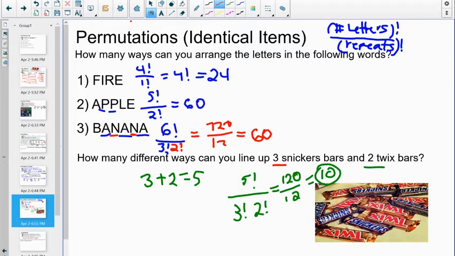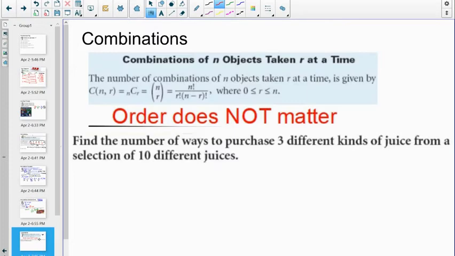Okay, so now with combinations. Remember, with combinations, order does not matter. What I mean by that is, let's say that we had these 3 different juices: juice 1, juice 2, juice 3. Let's say we had orange juice, strawberry juice, if that's a thing, and lemonade.